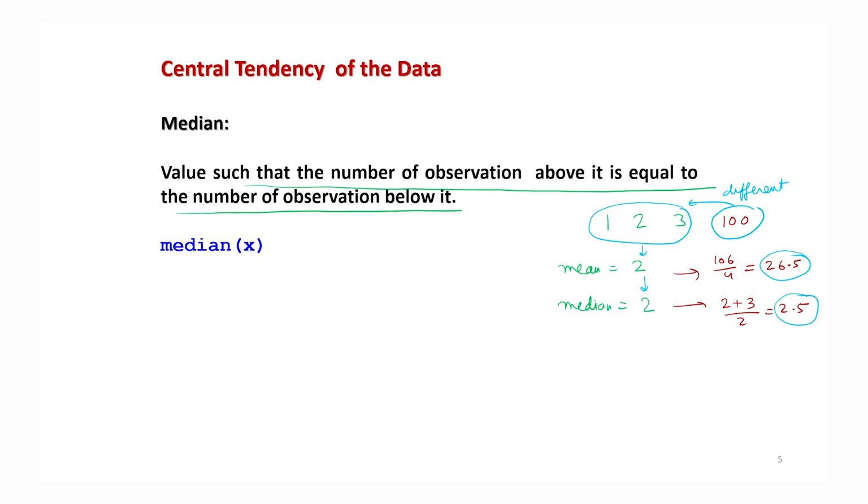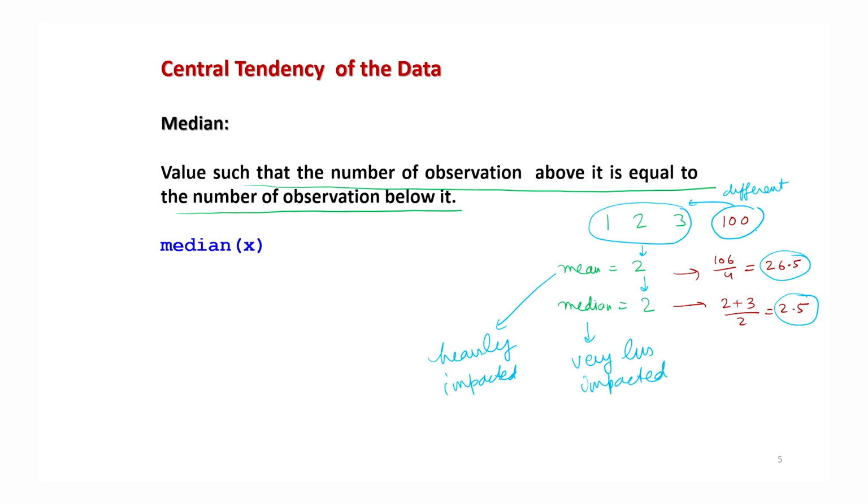So, the moral of the story is, if you get an extreme observation, any observation which is far away from the remaining observations, then the arithmetic mean is going to be heavily impacted by this extreme observation, whereas the median is very little impacted by the presence of this extreme value.